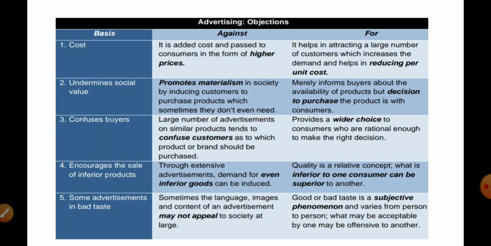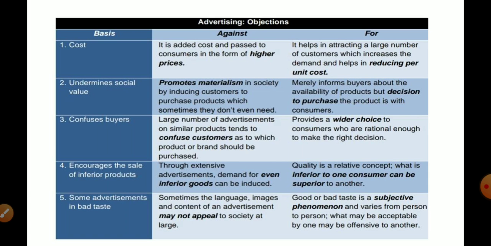So, here is a question that comes in the examination, which asks you to argue for or against the motion of advertising. So, first is against: it increases the price of the goods, but it also reduces the cost per unit.